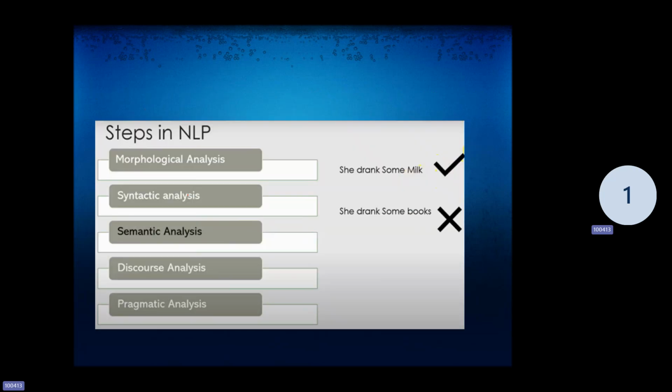"She drinks some milk" gives a correct sentence and shows the correct relationship. "She drank some books" is a wrong sentence. That is the work of semantic analysis, but grammatically these both are correct. So syntactic analysis parses them, but semantic analysis makes meaningful information from the sentences.